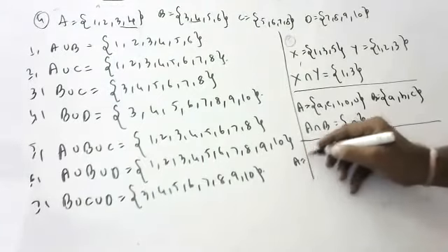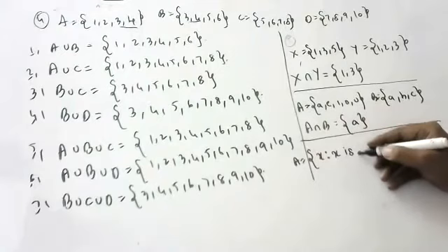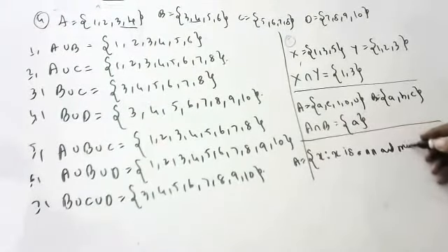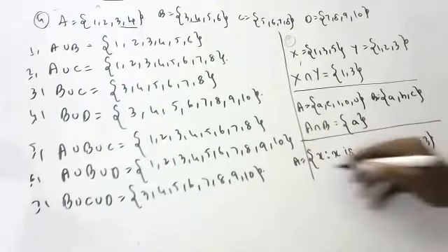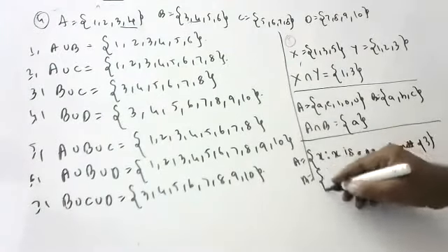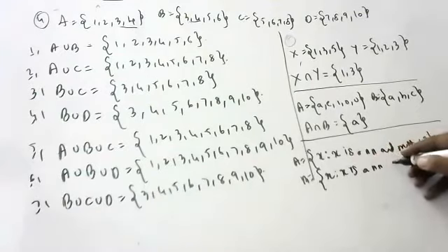Next one, children. They have given set builder form. A is {x such that x is a natural number, multiple of 3}, and B is {x such that x is a natural number and it lies between 1 and 6}.